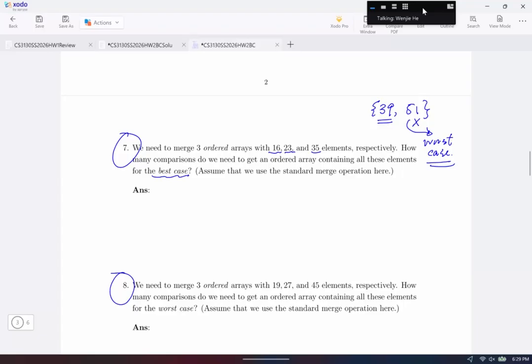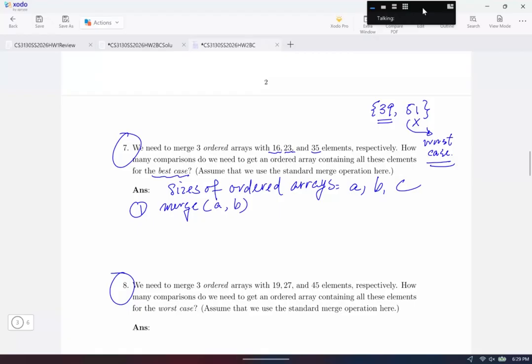Let the sizes of the ordered arrays be A, B, and C. When you do the merge, you have different ways. The first way, you merge A and B, then you get A plus B, of size A plus B.